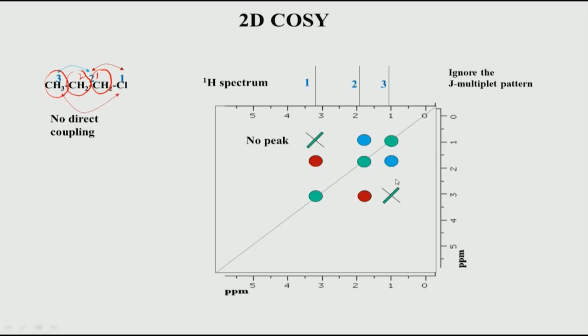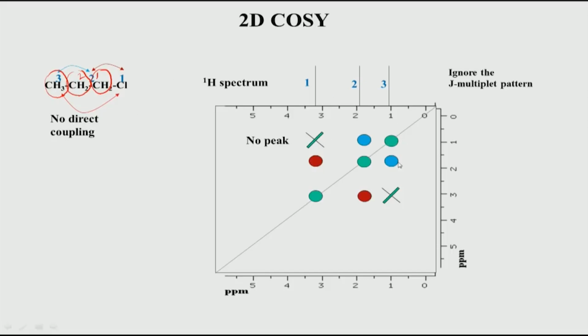But if you see these 2 peaks, there are no peaks here. Why? Because 1 is not coupled to 3. This line arrow which I am showing now indicates coupling between 1 and 3, but we do not expect any direct coupling from 1 to 3. So, in a COSY you will not get any cross peak between 1 and 3 for this molecule.